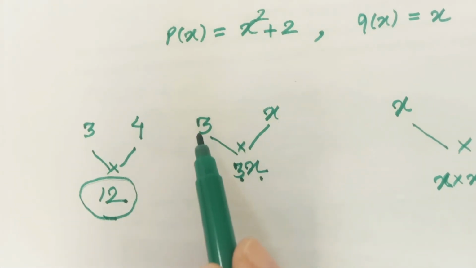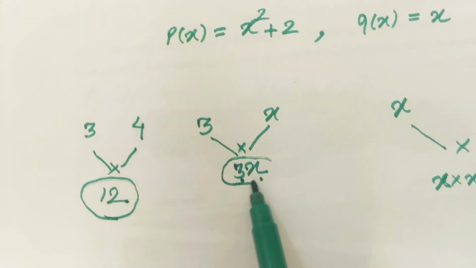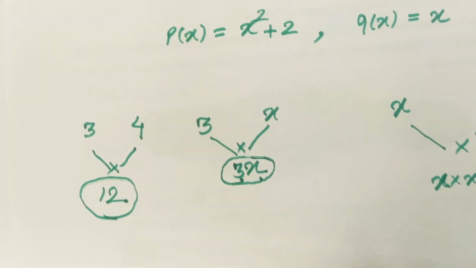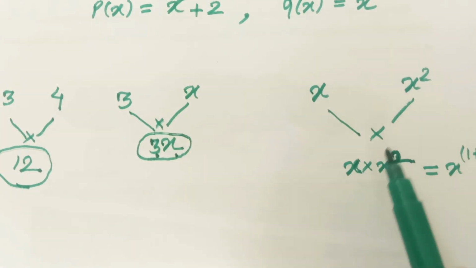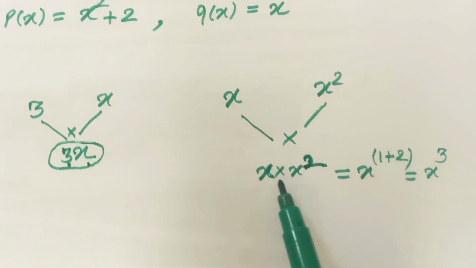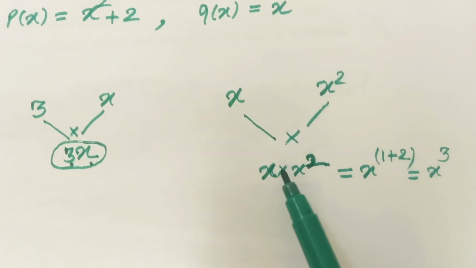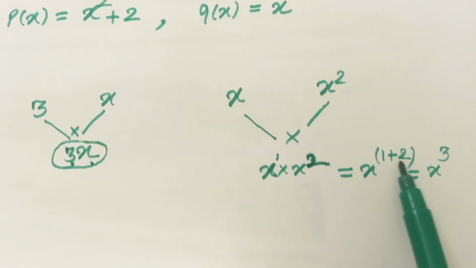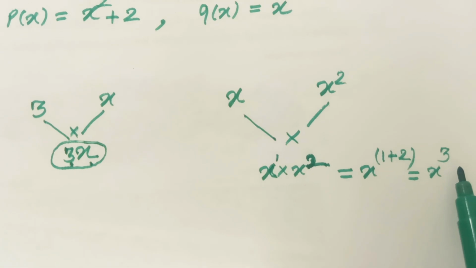But if we are taking constant into variable, we get the answer in the form of a variable. If we are taking variable into variable, we get the addition of powers, that is x raised to the power 1 plus 2, which is x raised to the power 3.